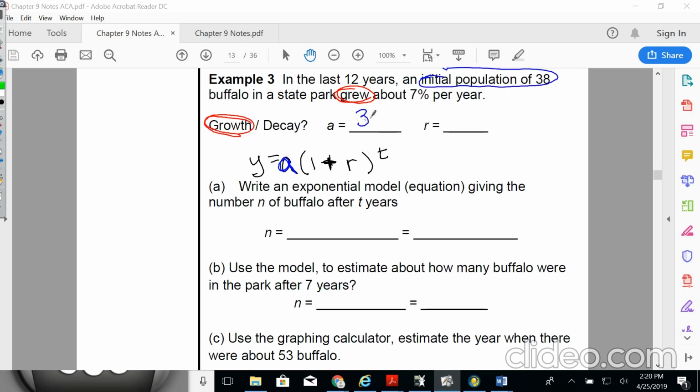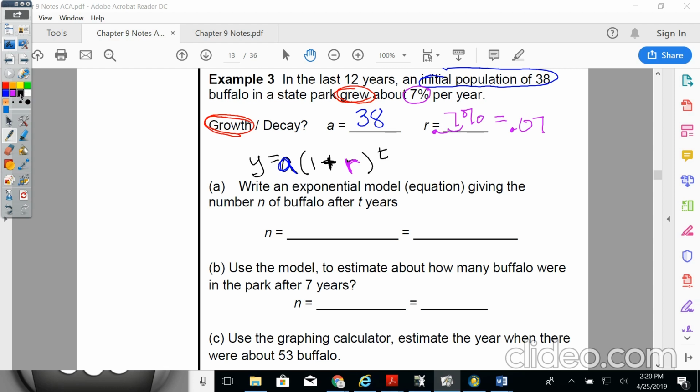So 38's here. And then the rate is 7%, but we don't want to put it as a percent into the equation, so we change it to a decimal by dividing by 100. All that's going to do is move the decimal over twice. So r is 0.07.